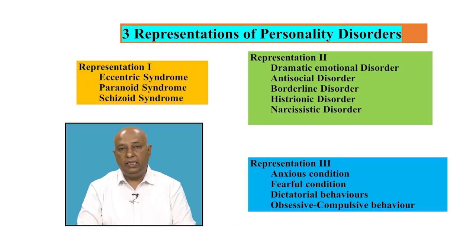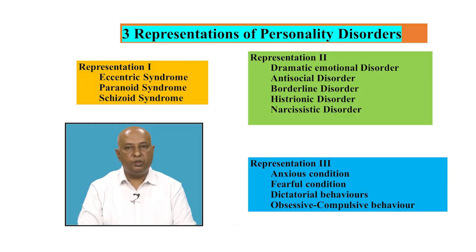Now these are the 3 broad spectrum representations of personality disorders which I can discuss with you, so that very lucidly, very easily, very casually you can understand the personality disorders at your first year level. First is eccentric syndrome, representation 1: paranoid and schizoid syndrome.